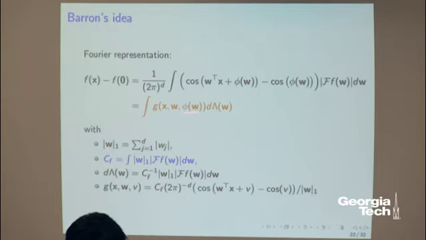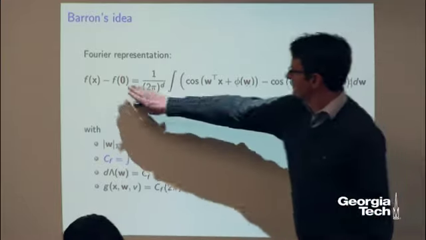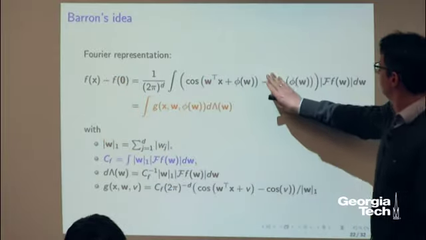Okay, so this is what Barron did, and he uses the Fourier representation that I have shown you before, but there's a slight trick here. What I have shown you before is just the formula for f of x, and then you wouldn't have the second term here.